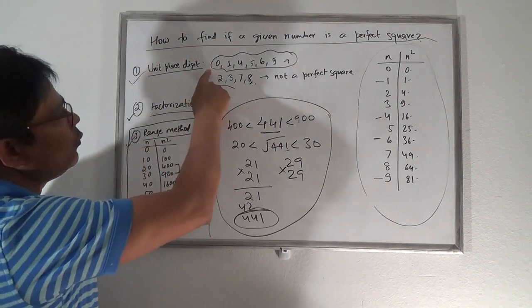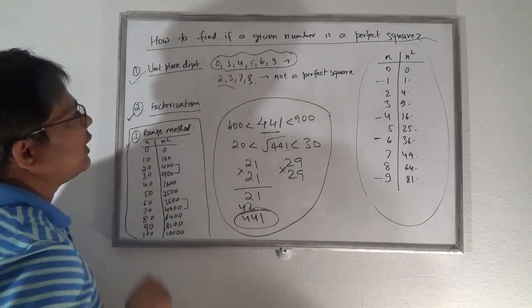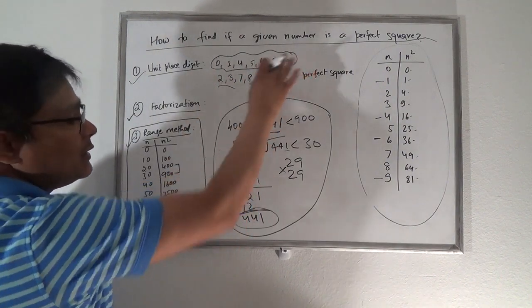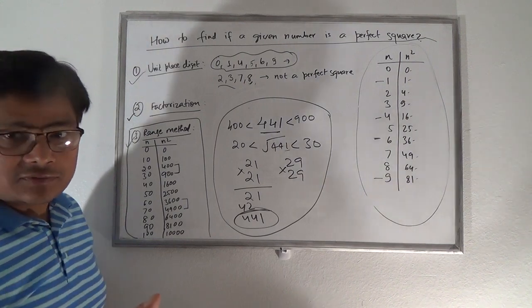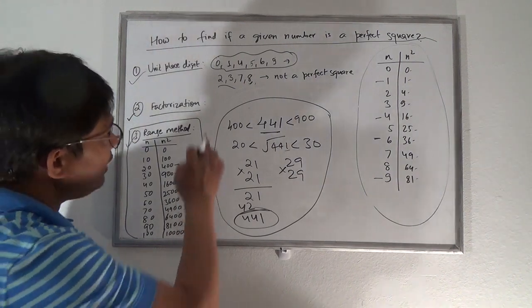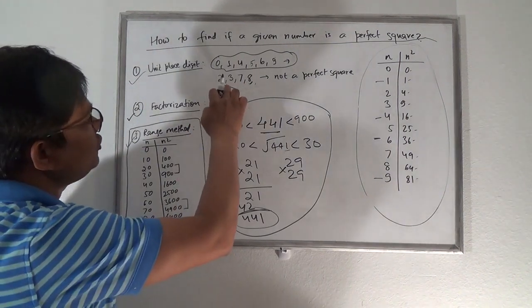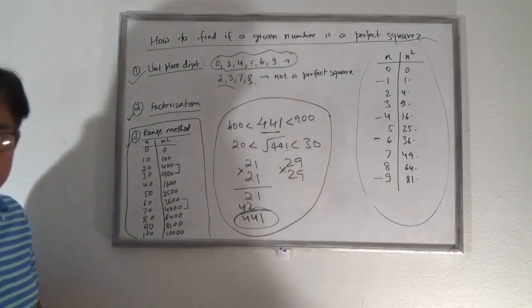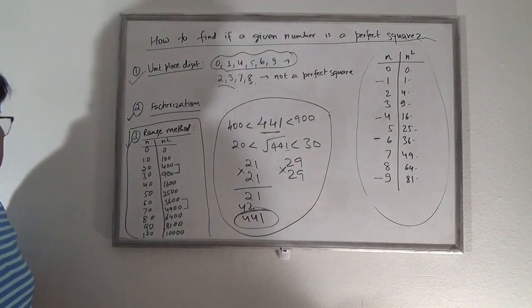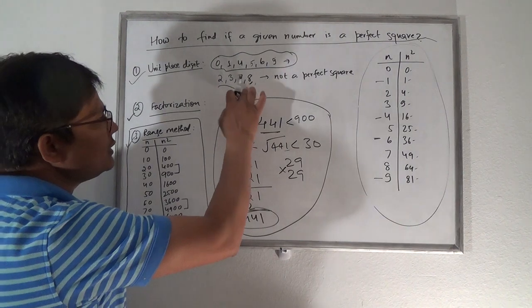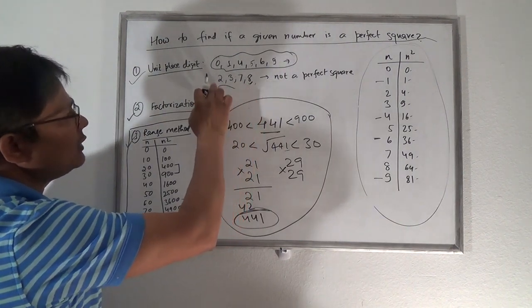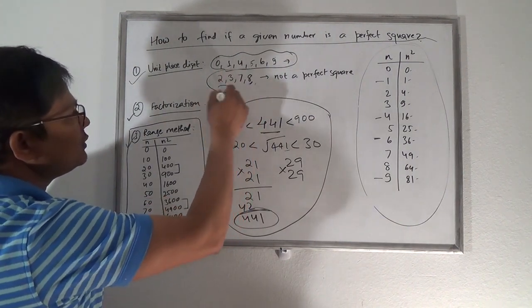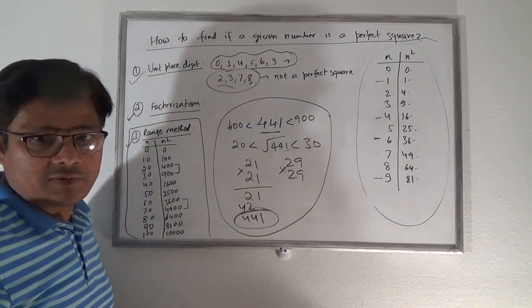If it's one of 0, 1, 4, 5, 6, 9, then that number can be a perfect square or cannot be a perfect square. But if it has 3, 2, 7, 8, it means it's not a perfect square. So looking at the number, look at the digit at the unit place, and if it's one of these, you can directly say it's not a perfect square.